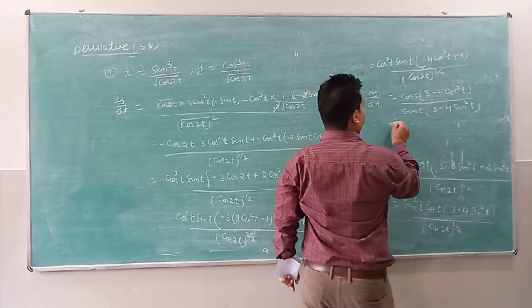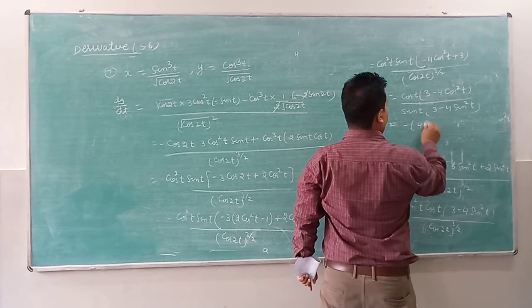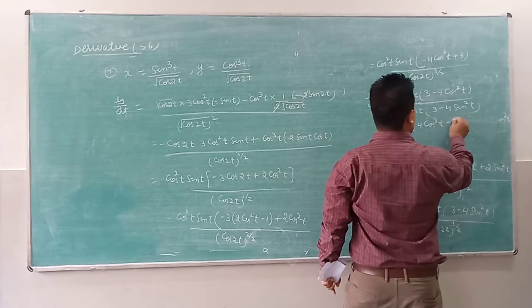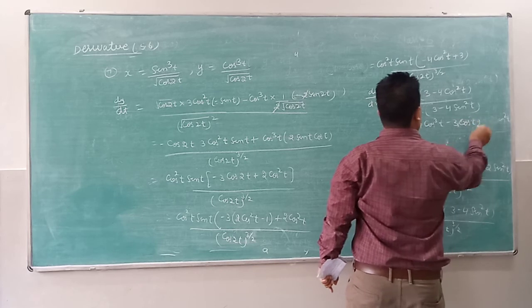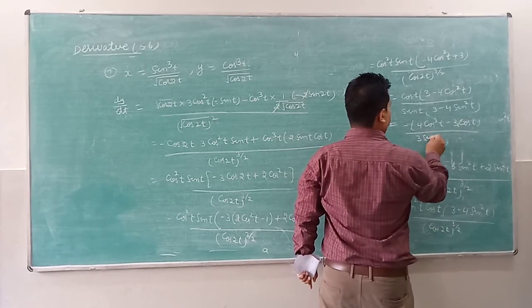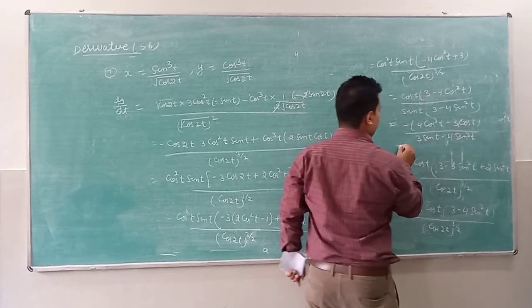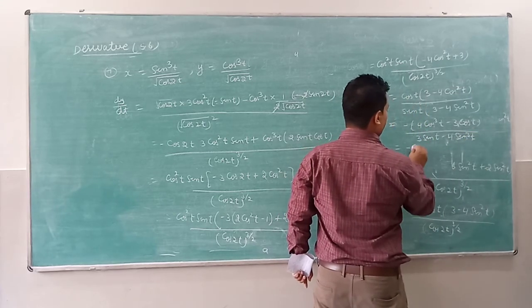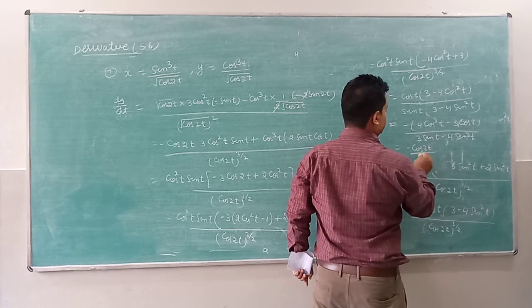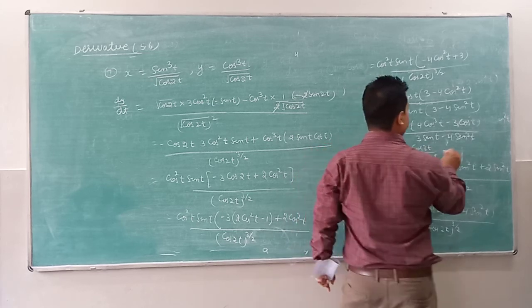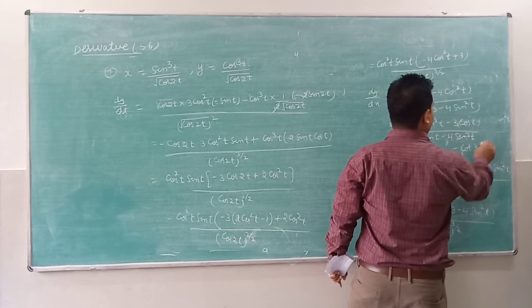When we multiply this and take minus common, this becomes 4 cos³t minus 3 cos t, and this becomes 3 sin t minus 4 sin³t. This is the formula of this: cos 3t, this is sin 3t. So the answer is minus cot 3t.